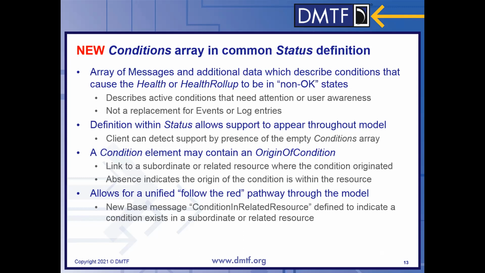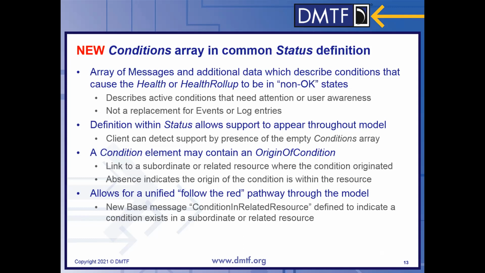We decided to put this within the status object because it's just one of our common building blocks that we put everywhere in the data model. So every resource can benefit from this extension. Another thing that was needed to help convey additional information was the fact that maybe the health of the resource is being affected by another resource, and so you might need to redirect the client to say, yeah, I'm bad.